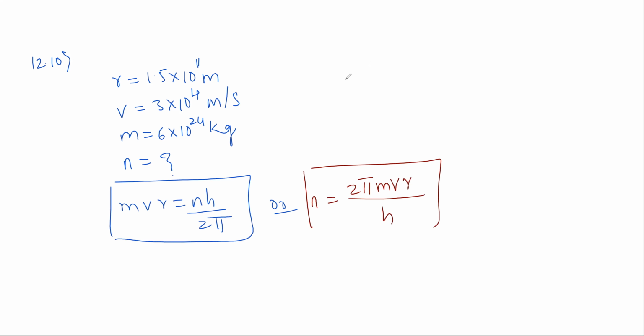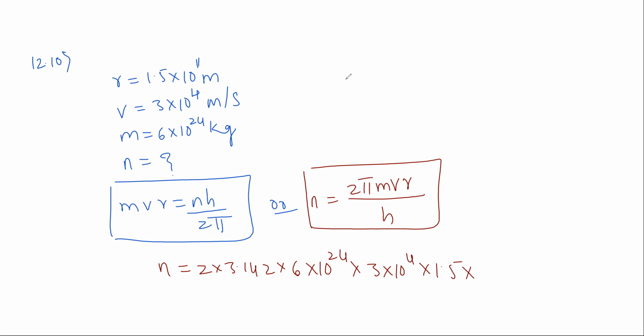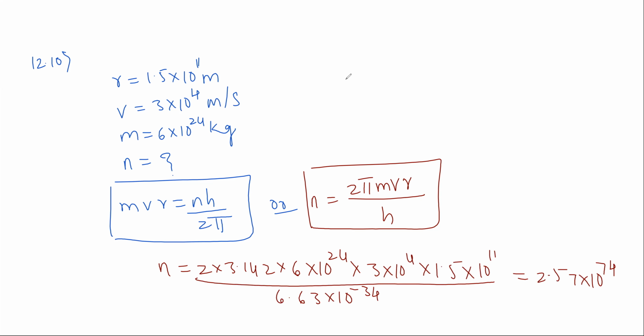So here, calculating the n value: 2 into 3.142 into the mass 6 into 10 to the power of 24 into 3 into 10 to the power of 4 into 1.5, r value 10 to the power of 11, divided by h value 6.63 into 10 to the power of minus 34. After simplifying, we got 2.57 into 10 to the power of 74.